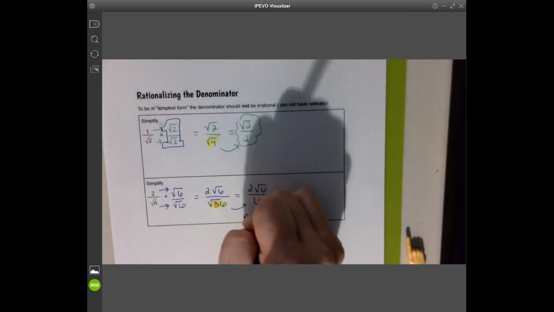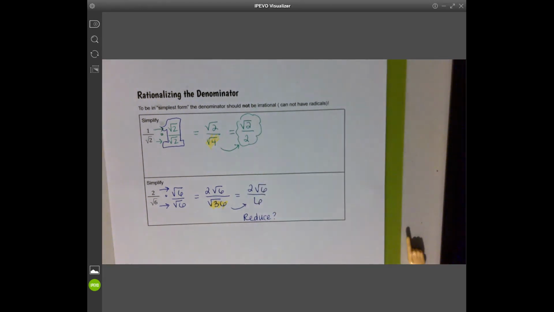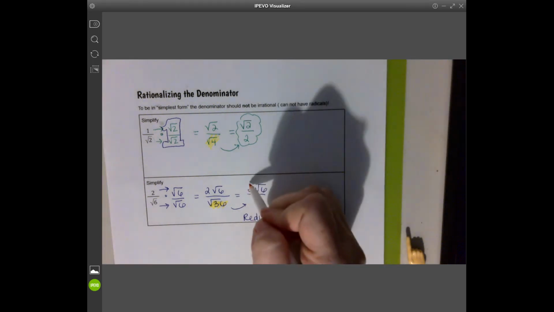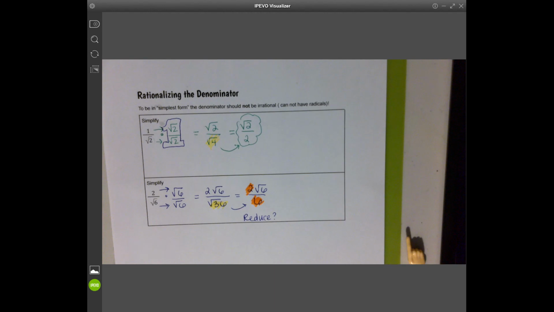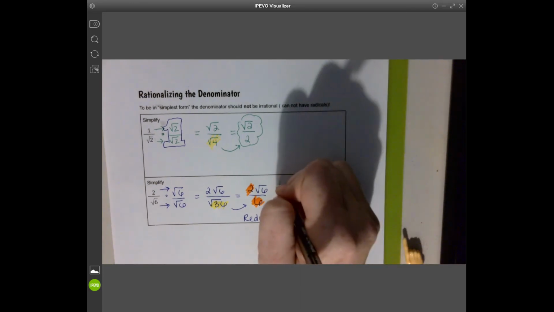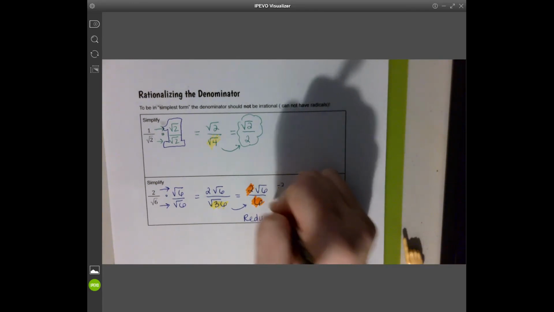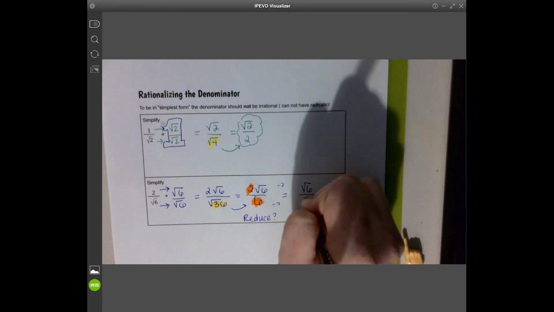We always need to check if there's anything we can simplify. So in this case, we have like terms. The 2 and the 6 are like terms. What can I reduce by for the top and the bottom? So I can reduce the top and the bottom by 2. So here I have square root of 6 over 3.